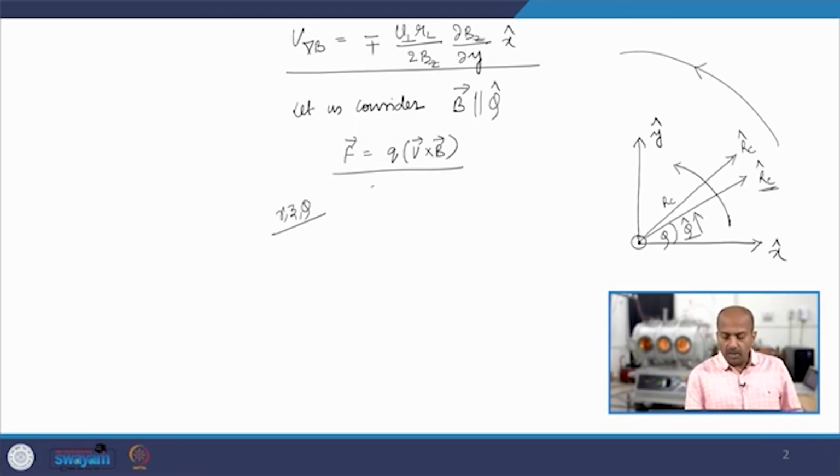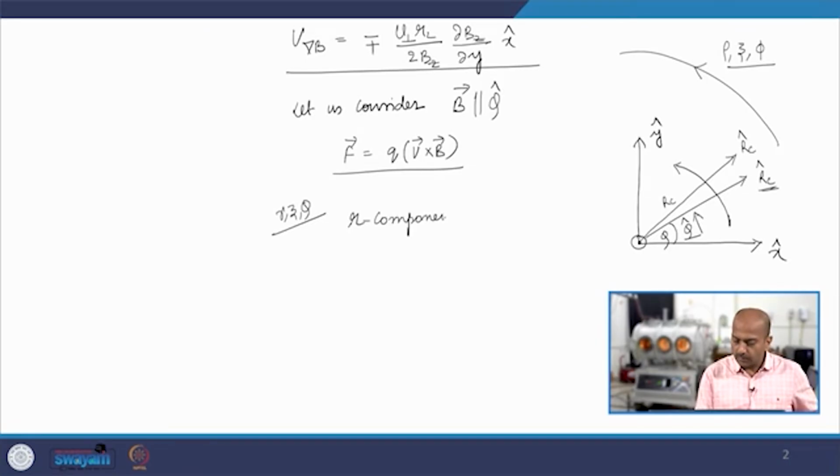So, the R component equation, so you can also write this as rho, Z, phi like that. If you take any basic mathematics textbook and refer to cylindrical coordinates, you can get these equations, how the derivatives are written in different coordinate systems.